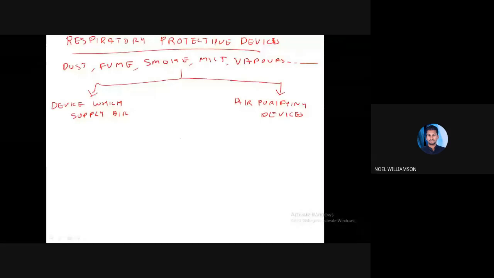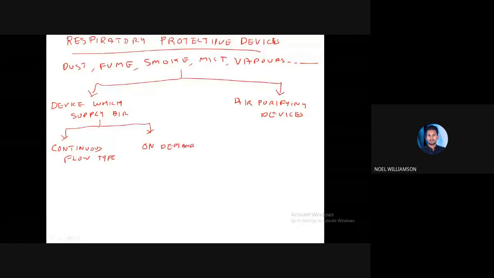In the first case, the devices which supply air are themselves of two types: continuous flow type and on demand.